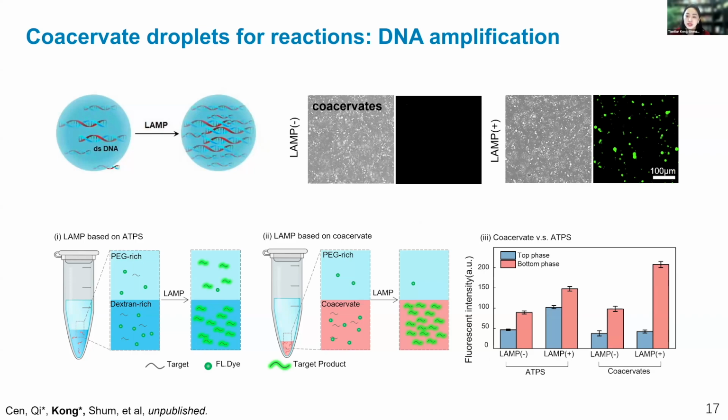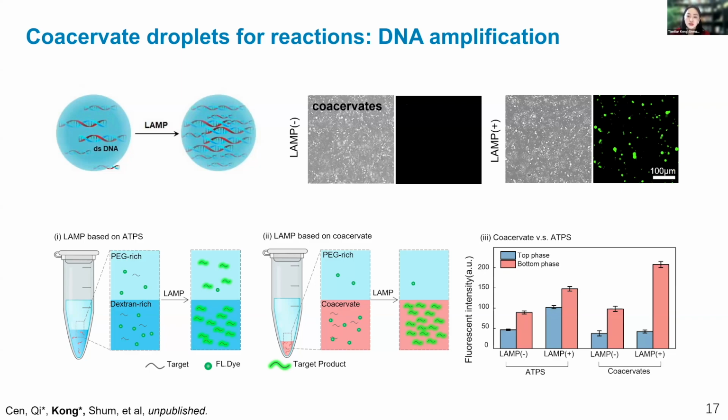We also compare reaction conditions in two types of water-in-water droplets, one with aqueous two-phase systems, the other using coacervates. Here we would like to point out that in the coacervate system, the LAMP reaction is actually depleted in the dilute phase. In other words, the reaction only happens inside the droplet, whereas in ATPS, it occurs in both phases.